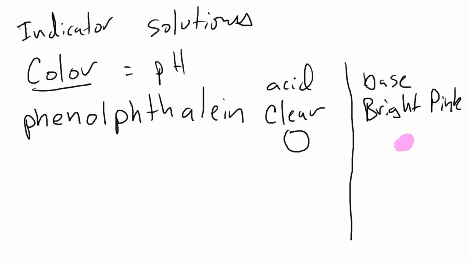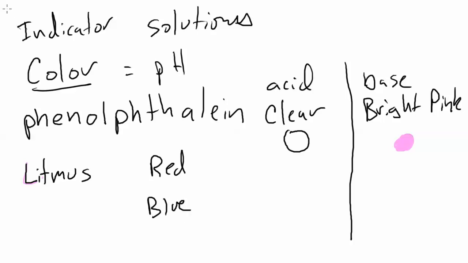There's a compound called litmus. Litmus is a compound that's created from some lichens that also is an indicator. And there's different types of litmus. So there's red litmus and there's blue litmus.